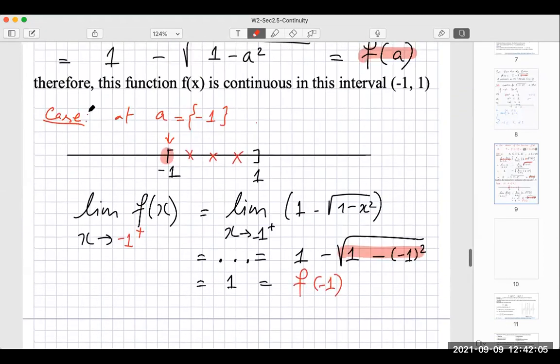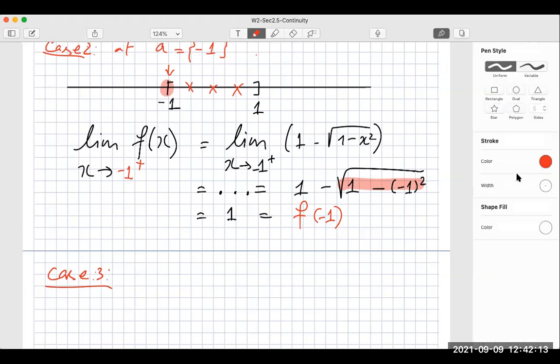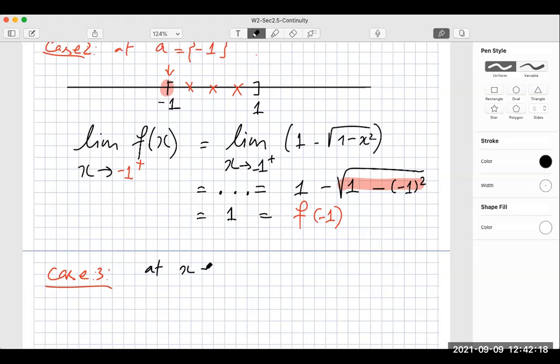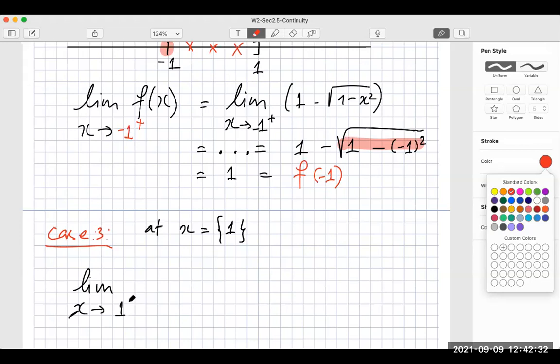So the third case, when a is equal to 1, should we consider the left-hand limit or the right-hand limit? Very good. Left-hand, in math notation, we write it with a negative sign here, right? Good job.